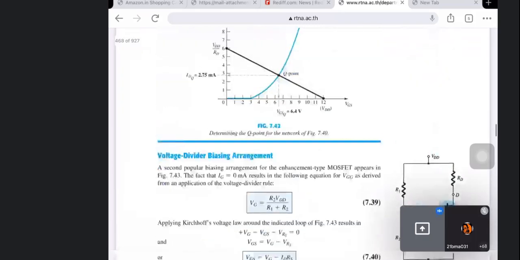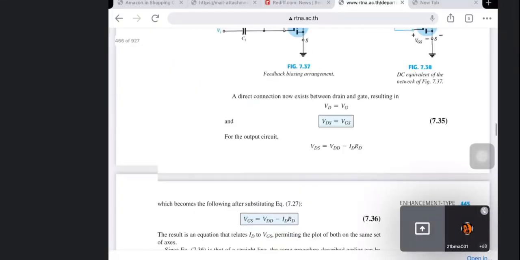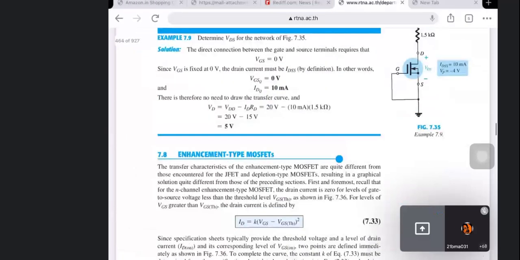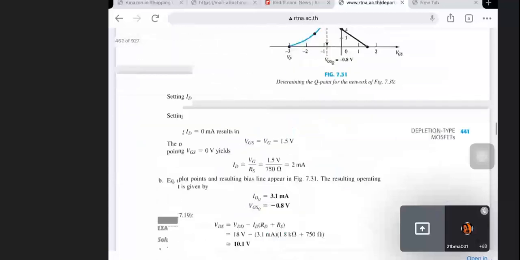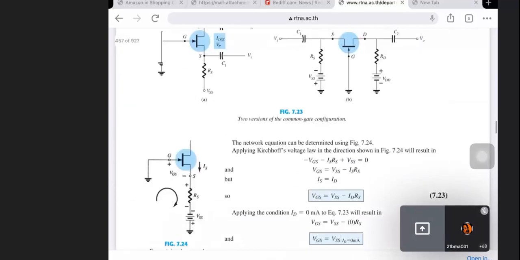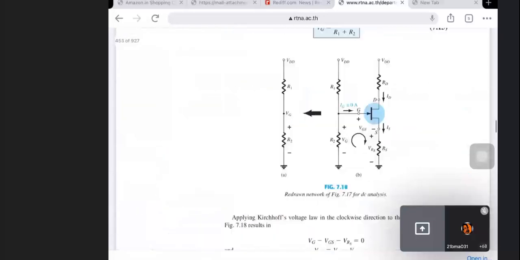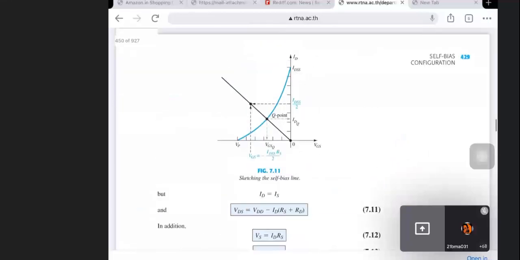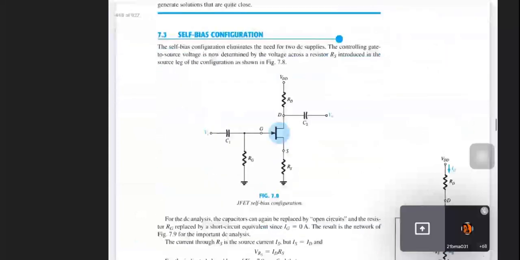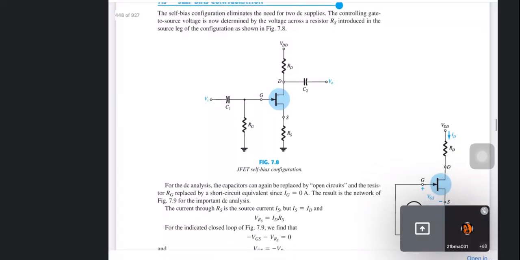Now we have one another voltage divider biasing. Okay. This is JFET self-biasing.